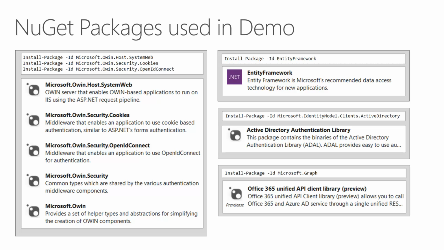Okay, I'm going to give you a step through how to get up and going, but most people find that they need to spend time cracking the books, or at least working directly with the concepts and programming techniques of working with OWIN. Okay, in addition to that, we're going to install the package for the Entity Framework, and then also for the Active Directory Authentication Library that we use in the first demo, and also the Office 365 Unified API client library, which the version I'm using is still in preview.